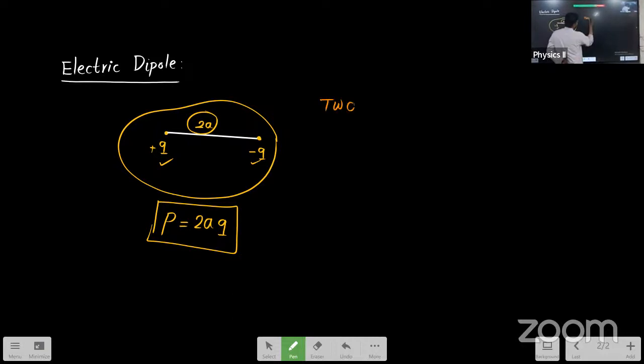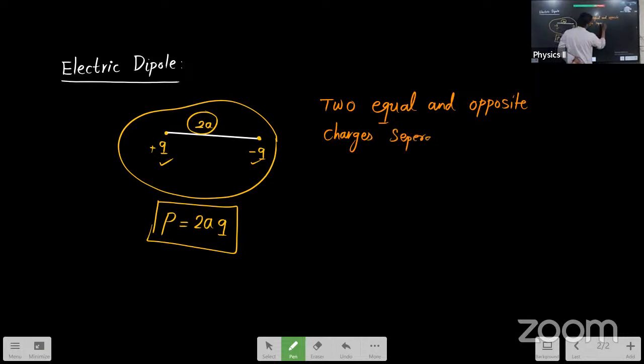Two equal and opposite charges separated by a small distance. So this is the definition for electric dipole.